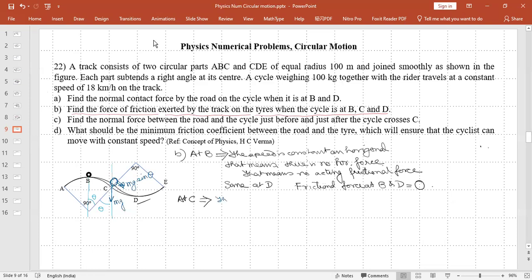So there is a force mg sine theta trying to pull the body, or the cycle, down the slope.